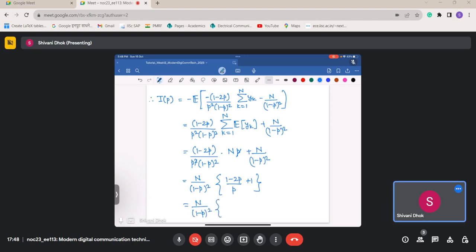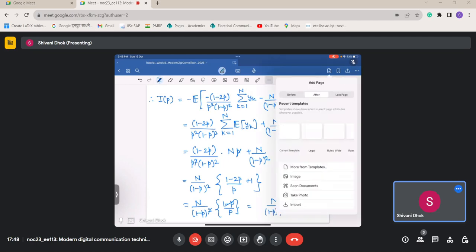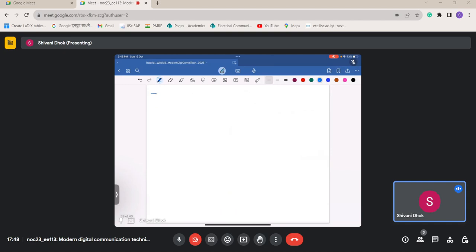I can take this one here, so it will be (1 minus p) upon p. So this gets cancelled. So what we have is n upon (1 minus p) times p. So what we have is my IP is equal to n upon p into (1 minus p).